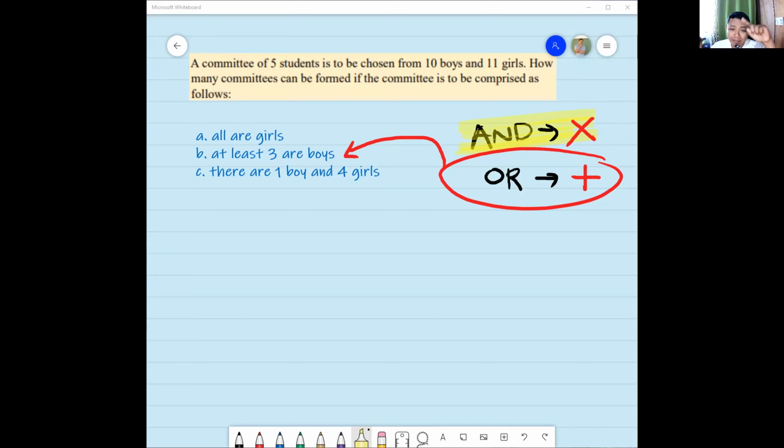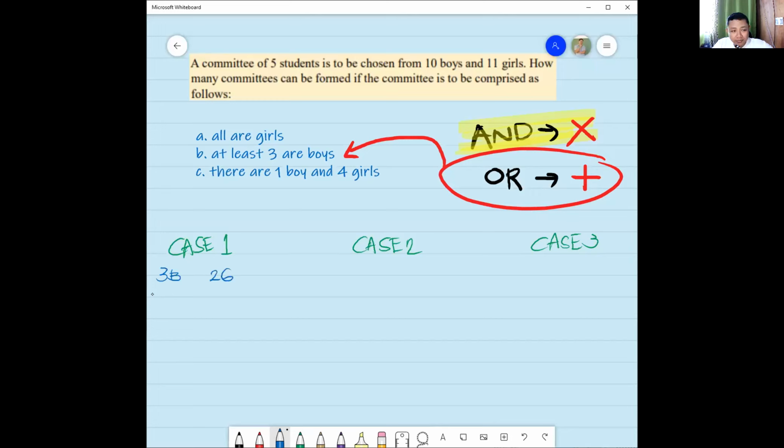Now, I want you to follow with me in analyzing this process. We have 3 cases. Case 1. Case 2, and case 3. Okay. In the case 1, at least, we will follow at least. There are 3 boys and 2 girls.